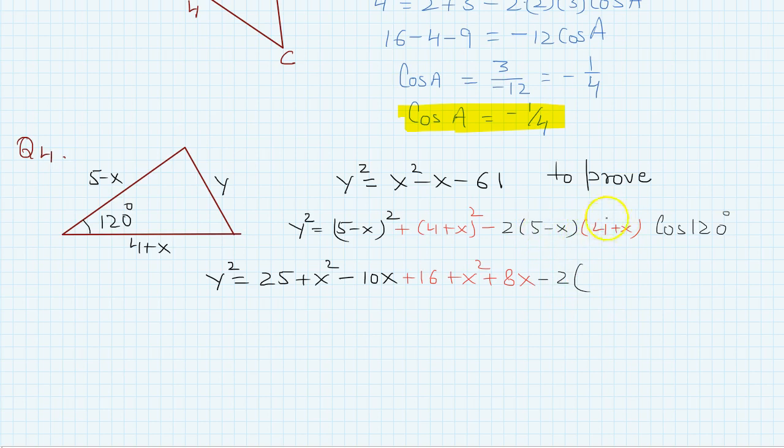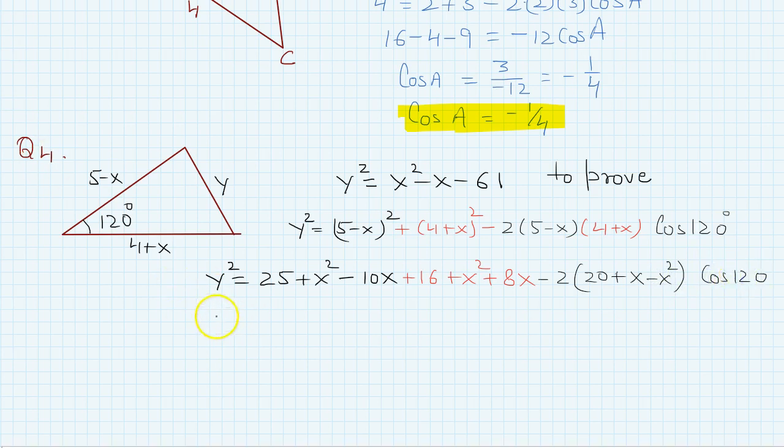We have to multiply this. 5 times 4 is 20 and 5 times x is 5x and minus 4x, so it will be plus x and minus x square, cos 120.